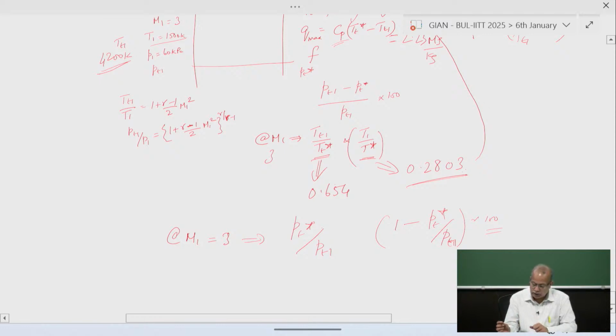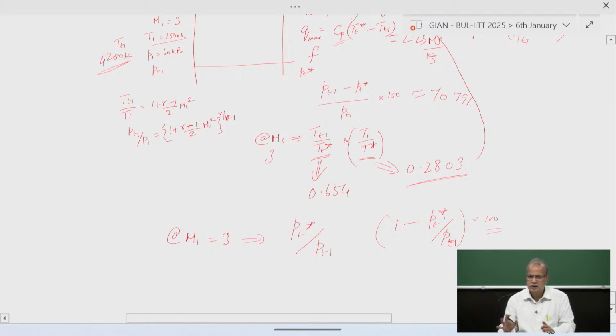What is the value you're getting? Somebody said 20. That is what you get useful. What is the loss of it? 1 minus of that one. 70.798.